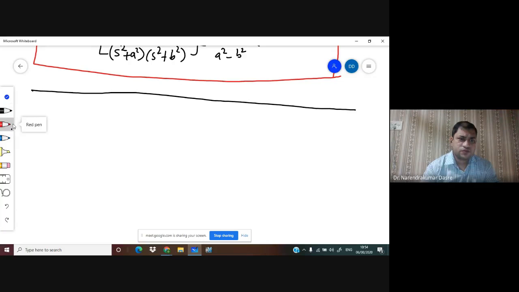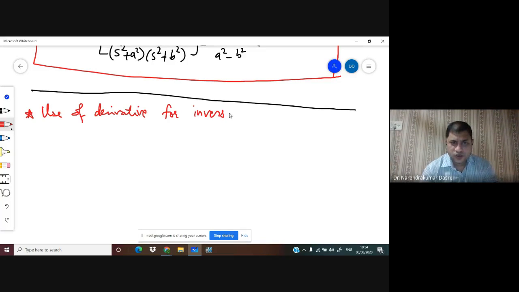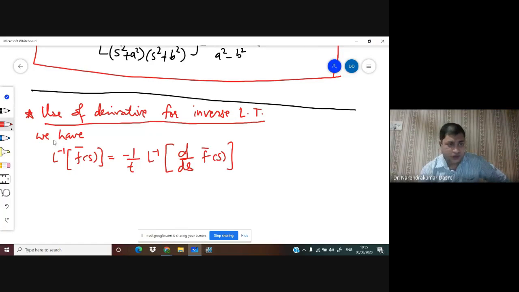So we'll go with the use of derivative for inverse Laplace transform.